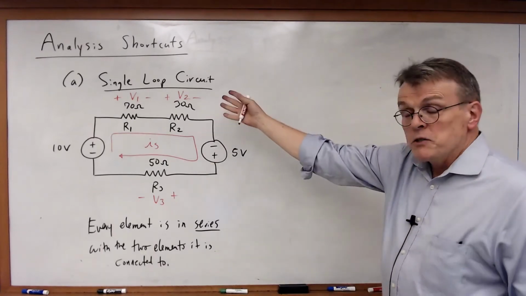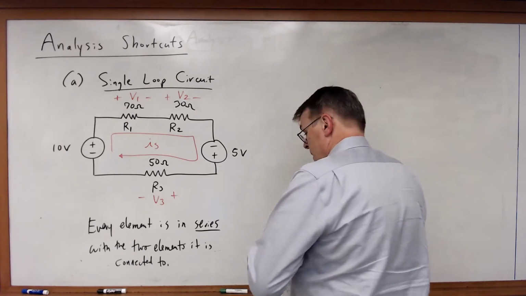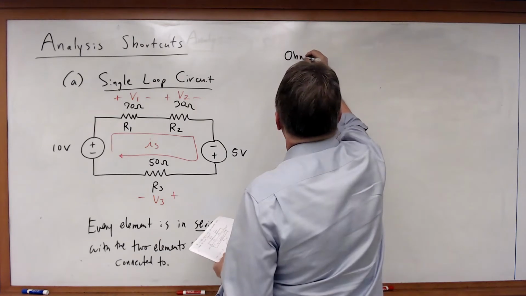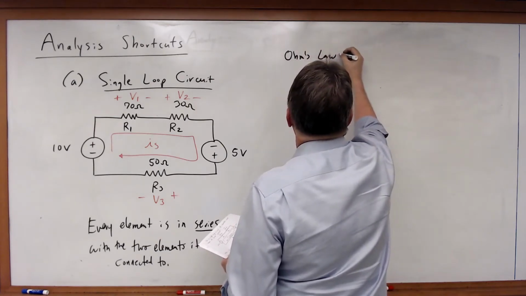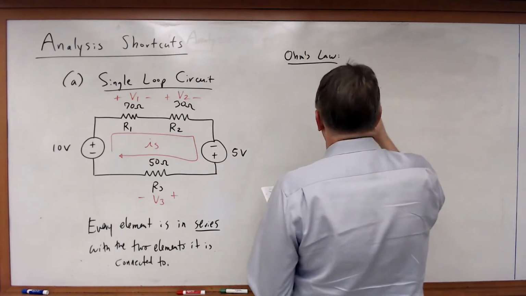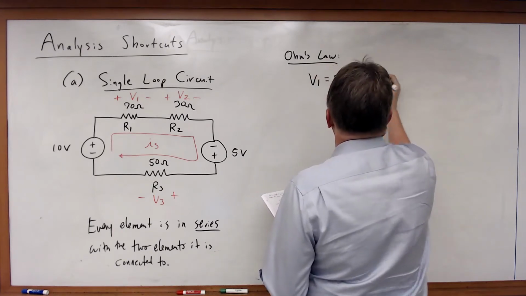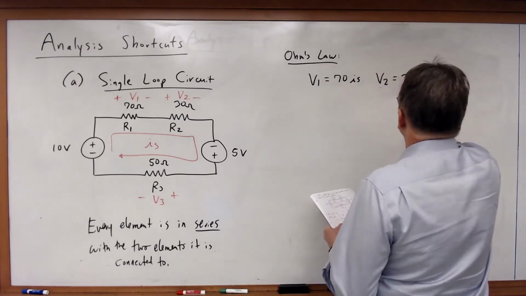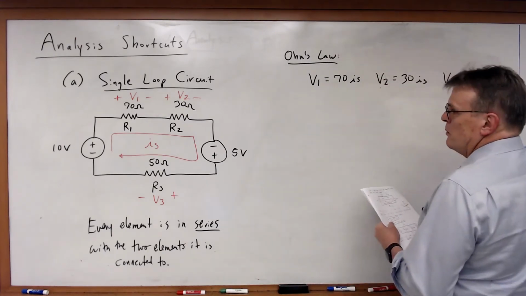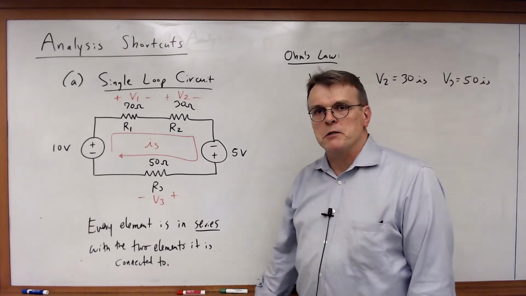So let's do the Ohm's law equation. For Ohm's law, I've got three resistors. Therefore, V1 is equal to 70 times IS, V2 is equal to 30 times IS, and V3 is equal to 50 times IS. So there are my Ohm's law equations.